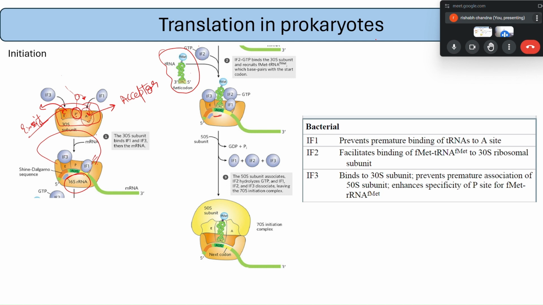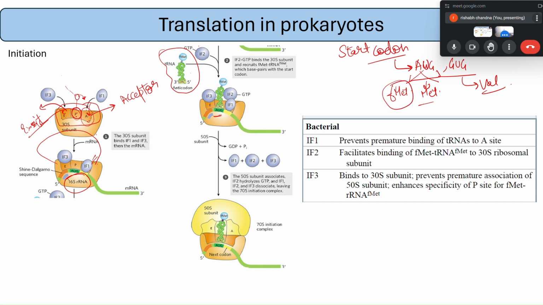One thing that was missed is that the start codons in prokaryotes are AUG and GUG. AUG mostly codes for methionine, and GUG codes for valine. But in prokaryotes, AUG codes for two things, Fmet and methionine.